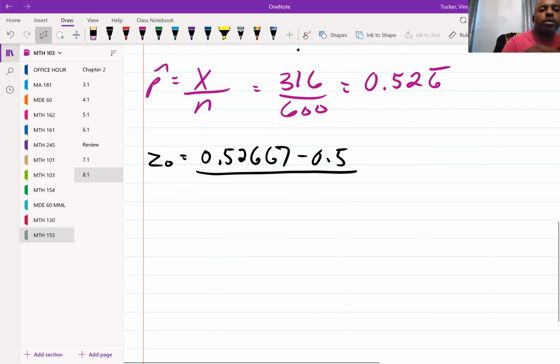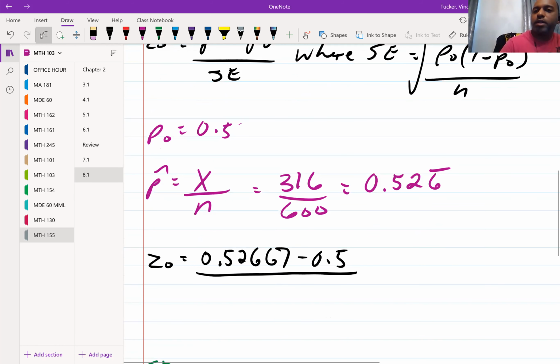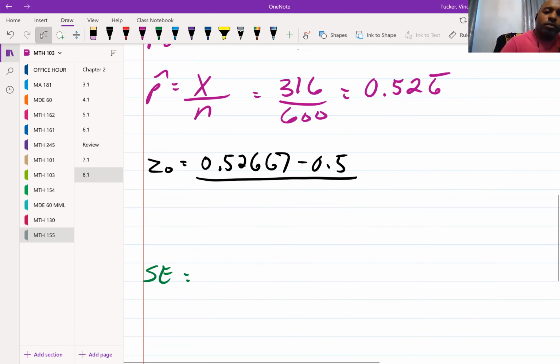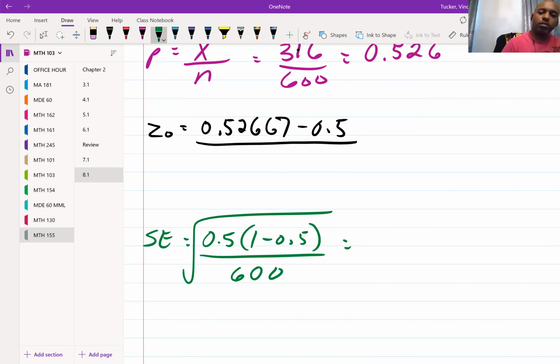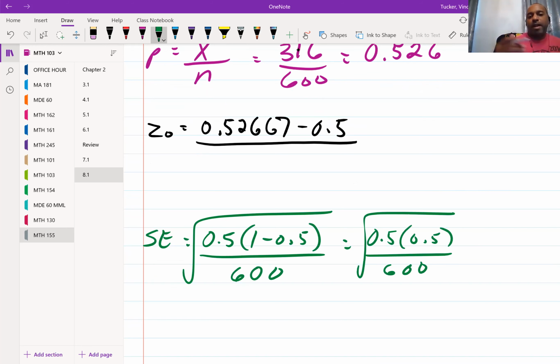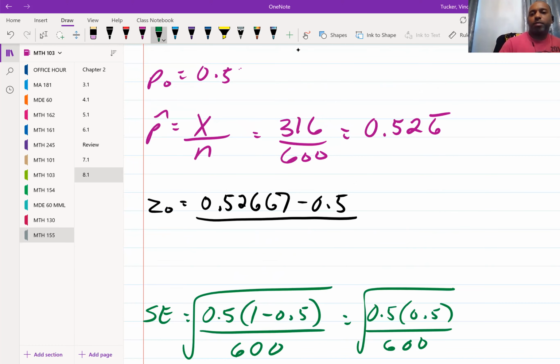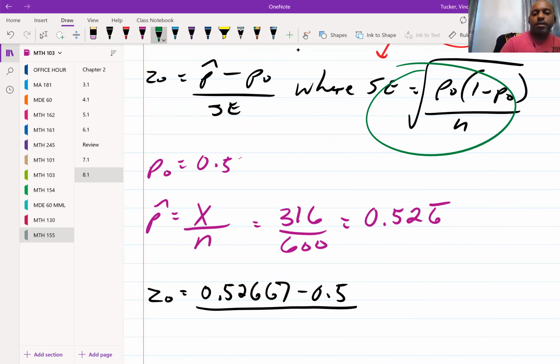Yeah, I'm going to do that. So I just put that under there, SE. So we have 0.5 is our, all I'm doing is just doing this piece separate. That's all. And then I'll put it down here.